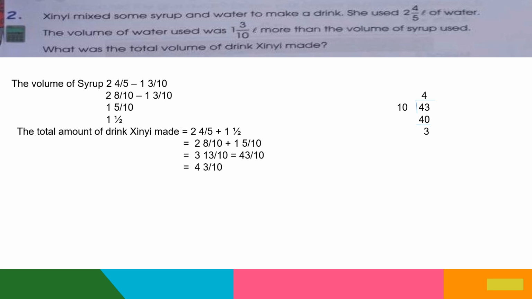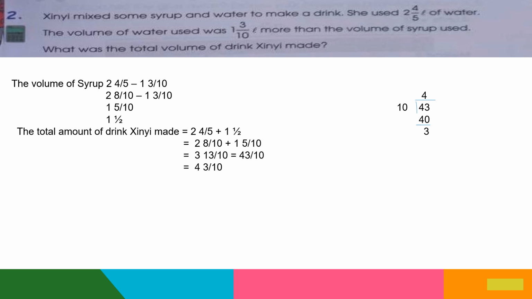In order to find out the total volume, we should know the volume of water and the syrup. The volume of water is given as 2 whole number 4 over 5, but in order to find out the volume of syrup, we have to subtract 1 whole number 3 over 10 from 2 whole number 4 over 5, because 1 whole number 3 over 10 liters of water is more than the amount of syrup.